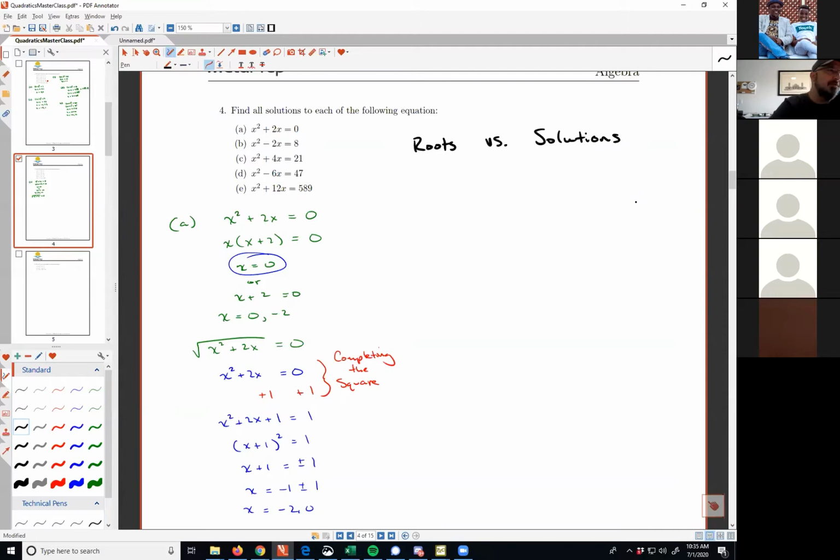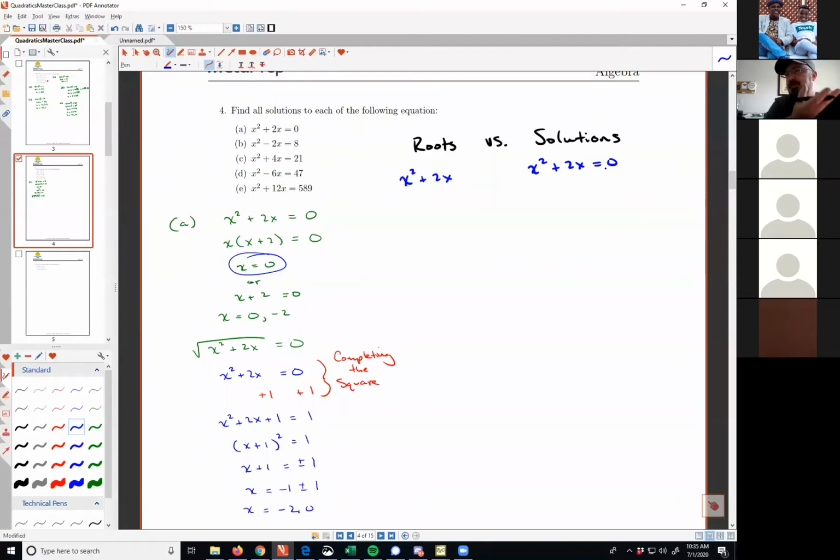But here's the thing. A root is something that turns an expression into 0. So we say that x squared plus 2x has roots 0 and -2. A solution is a value that satisfies an equation. So the solutions to the equation are 0 and -2.